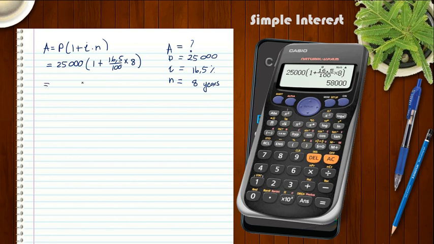Our answer is going to be 58,000. So that basically means if you invest 25,000, then at the rate of 16.5% simple interest, at the end of 8 years, you will have 58,000 Rand.